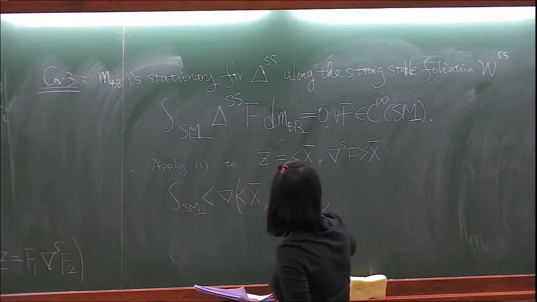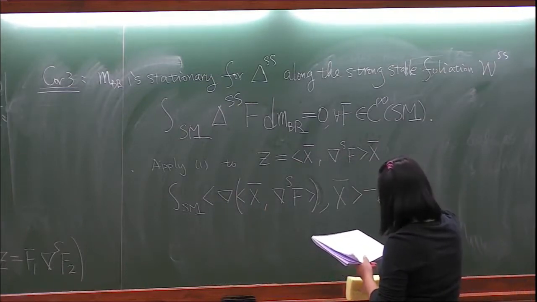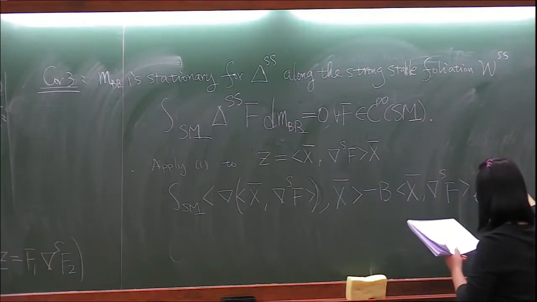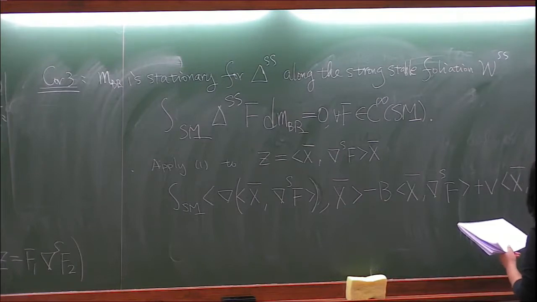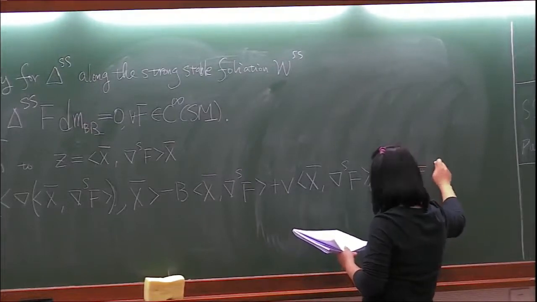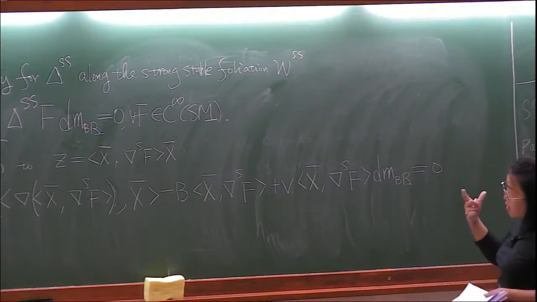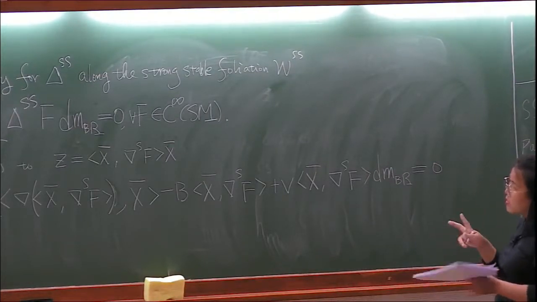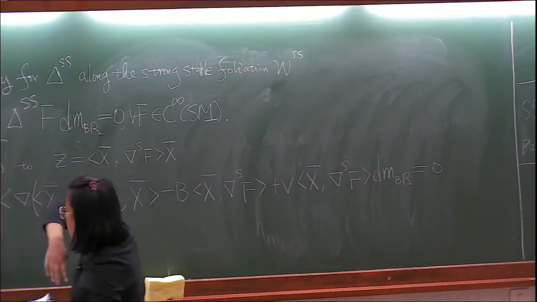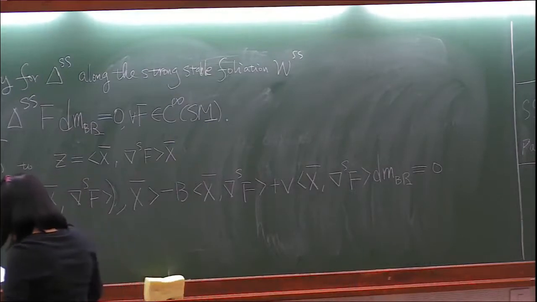What I want to say is, this function evaluated at x, minus b x bar gradient f, plus v x bar, which I have to put here, r is very close to 0. Then you compare the Laplacian. You split the Laplacian using the flow direction and the direction orthogonal to the flow direction.